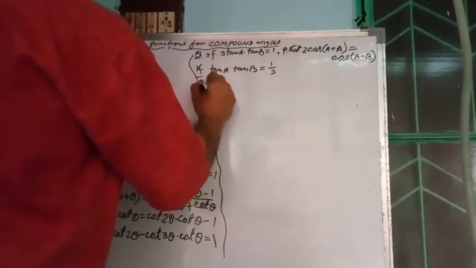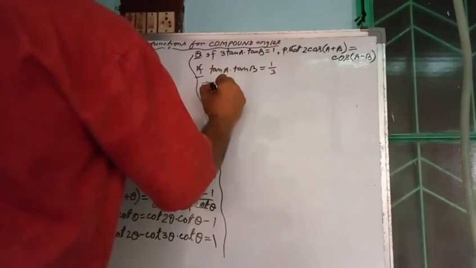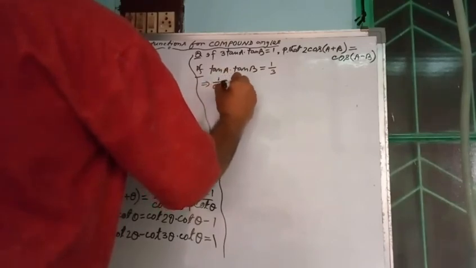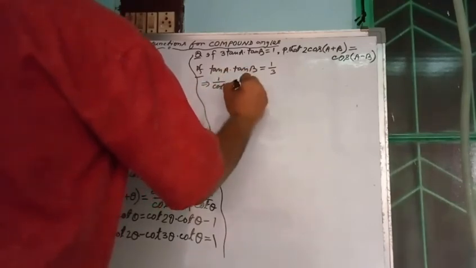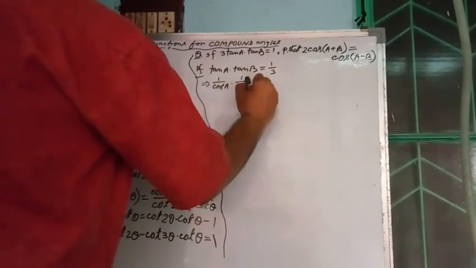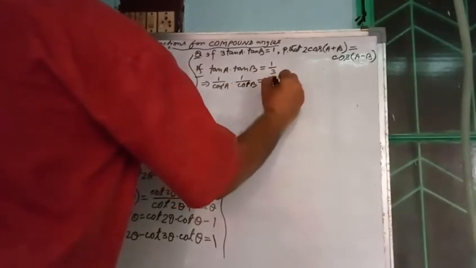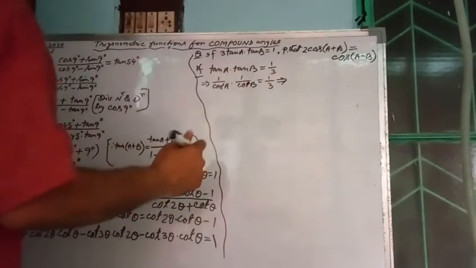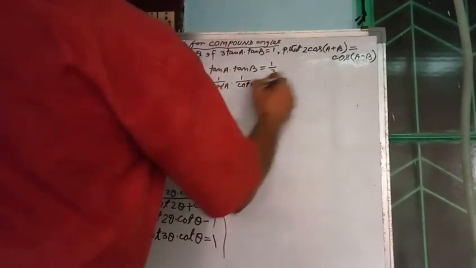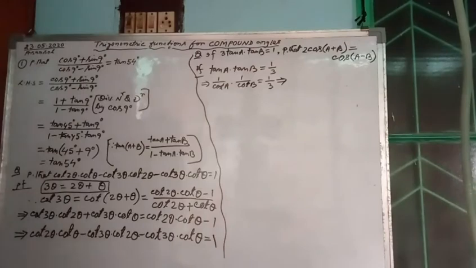Tan A tan B means 1 by cot A into 1 by cot B is equal to 1 by 3.